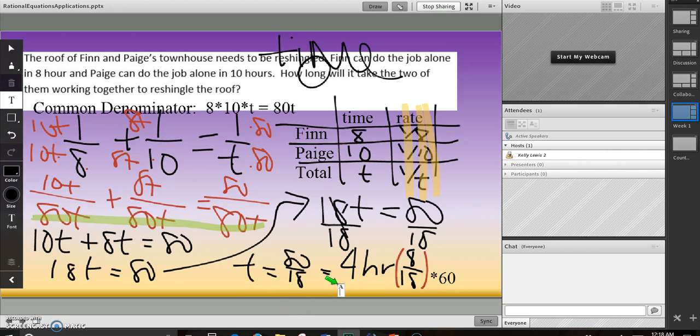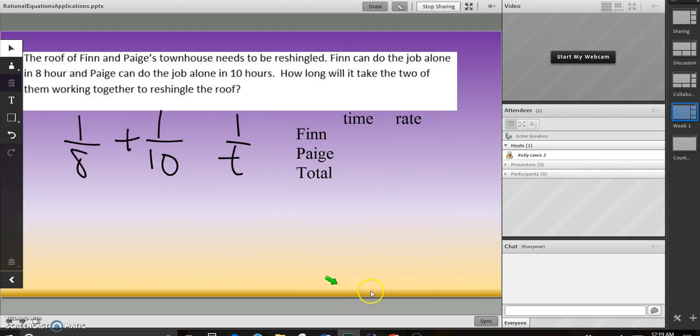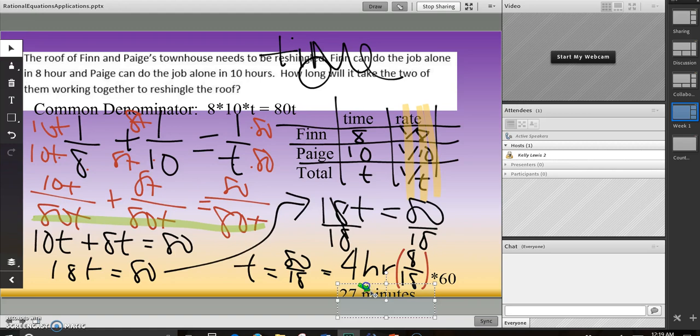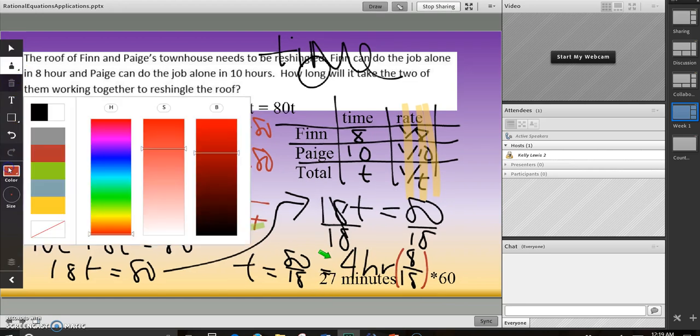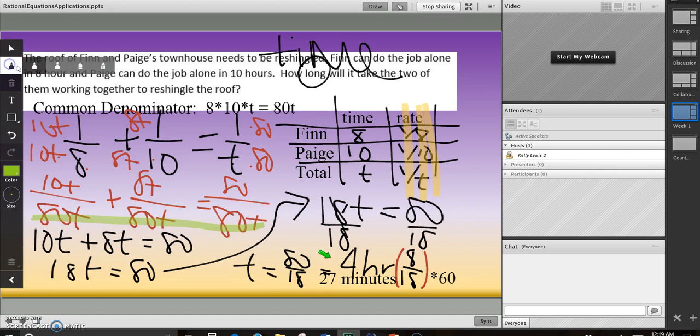You get 26.666, so you get 27 minutes. So it is 4 hours and 27 minutes for both of them to do the job.